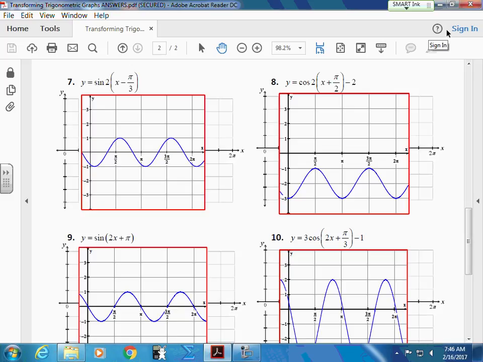Where's my phase shift going? 90 to the left. I'm going to start at negative 90. Okay, my cosine curve tells me I need to have 2 in 2 pi, right? This will be a little easier because we're at the 90, not at the 60.